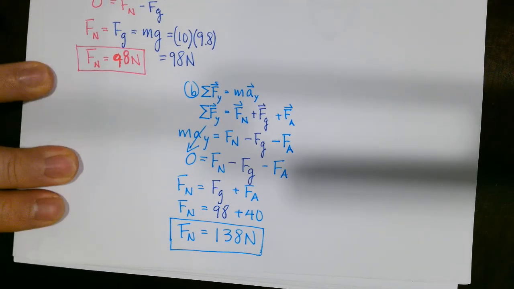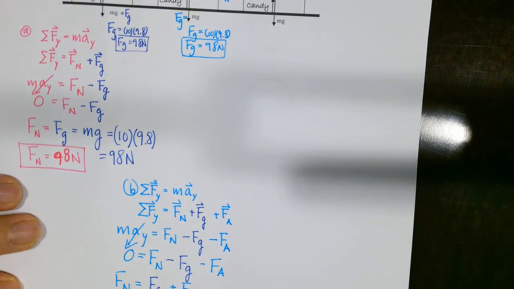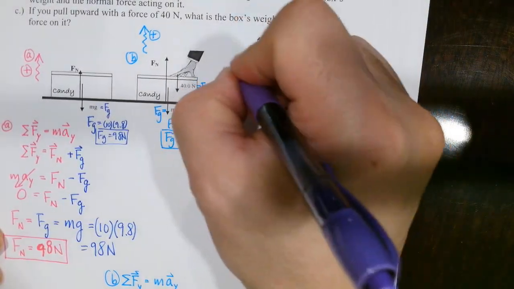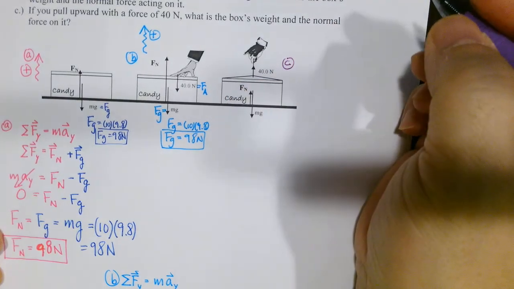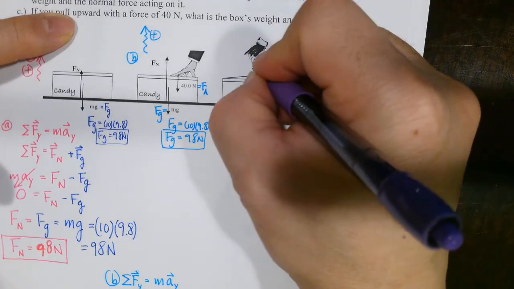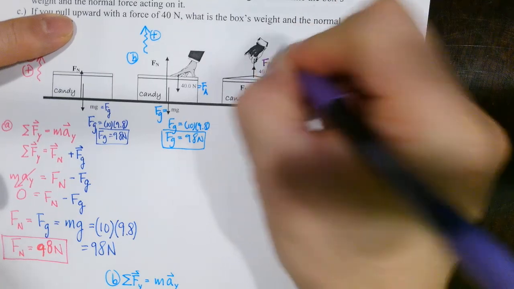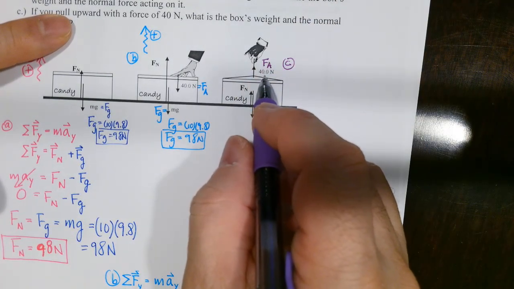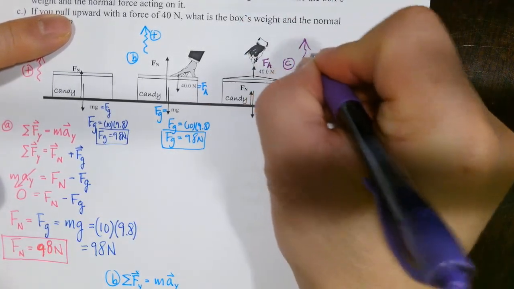All right. Now let's take a look at part C. Part C states, now if you pull up with the force, so here's my FA, this is my FA here, is 40 newtons upwards. Okay? So I'm going to consider up direction again to be positive.